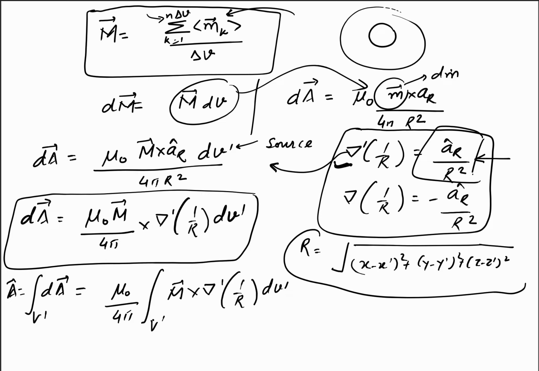Now there is a vector identity which we have utilized at so many places: del cross of f times a vector g is del f cross g plus f del cross g. I will utilize this.